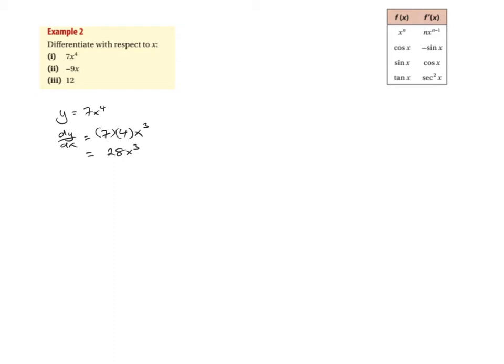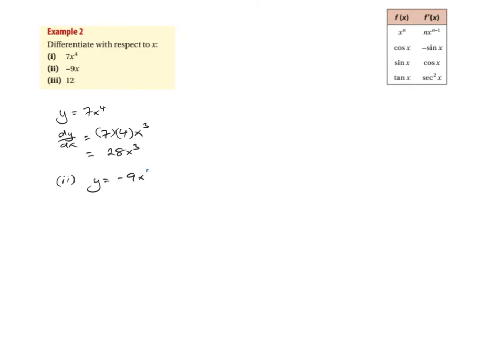Go through that again. So you bring down the power, 4, rewrite the x, take 1 off the power, and the 7 was already in front of it, so 7 times 4, which is 28x cubed. Okay, let's have a look at the second one. So we have y is equal to minus 9x. Okay, the same sort of idea. This here is x to the power of 1, so we can stick that in if we want.